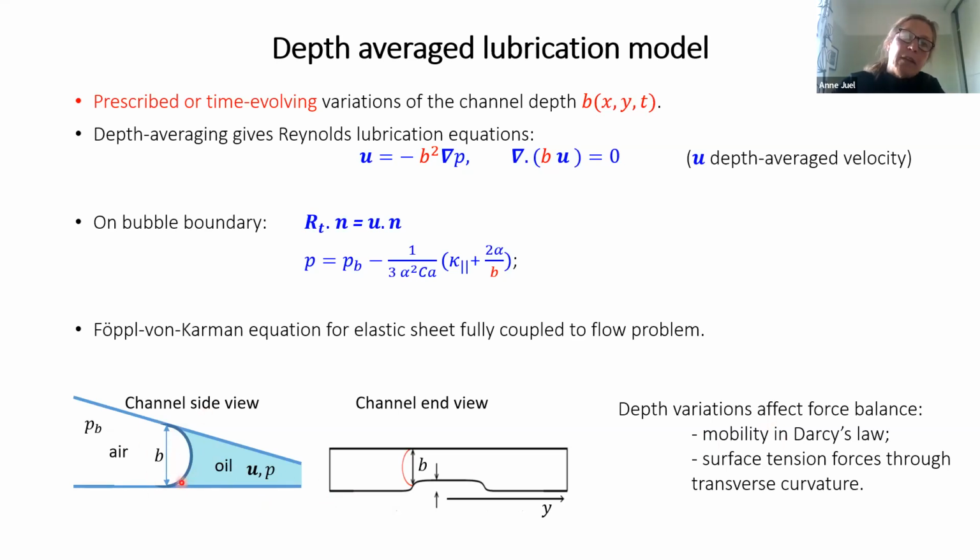So you get increasing viscous resistance in the converging channel, and you also get surface tension forces, which become increasingly large as you go into the convergent channel, because the transverse curvature increases.